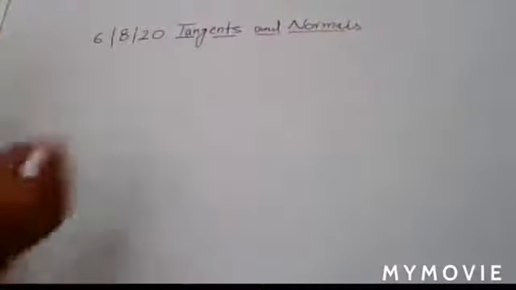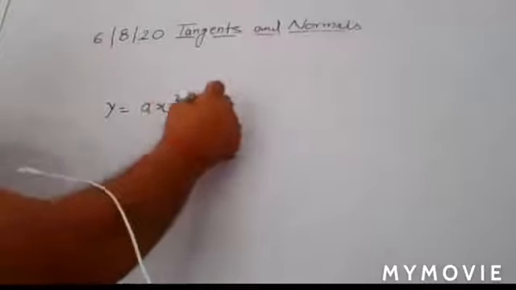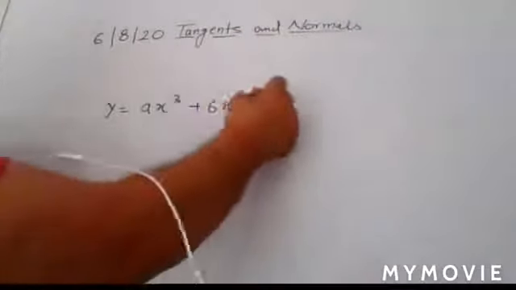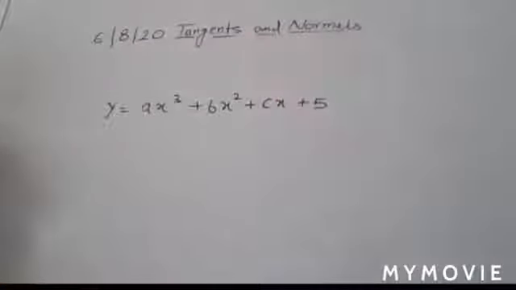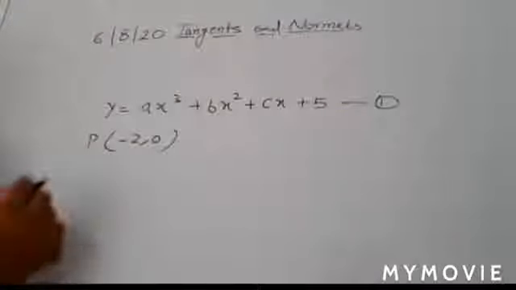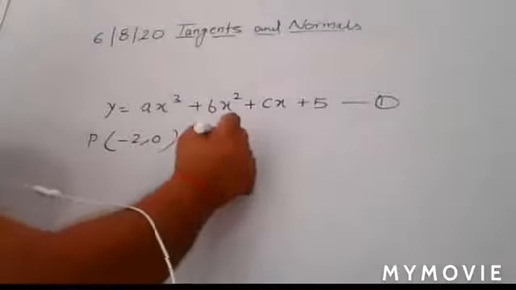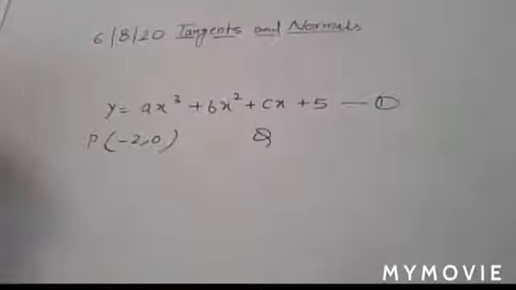The curve y is equal to ax cube plus bx square plus cx plus 5, that is your given curve, touches the x-axis at P minus 2, 0 and cuts the y-axis at the point Q, where its gradient is 3.